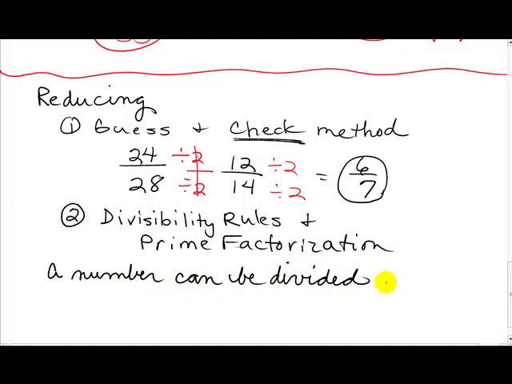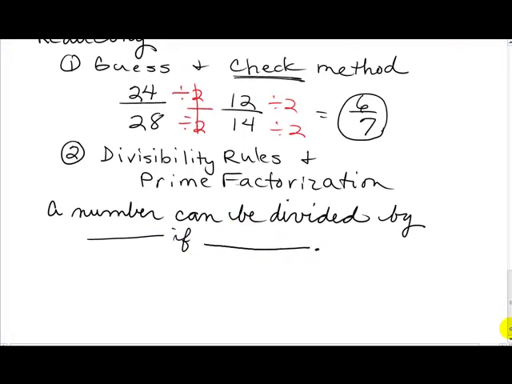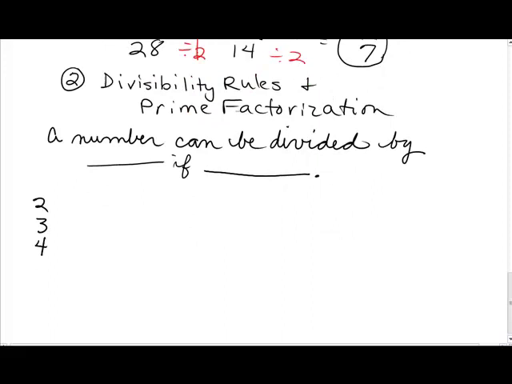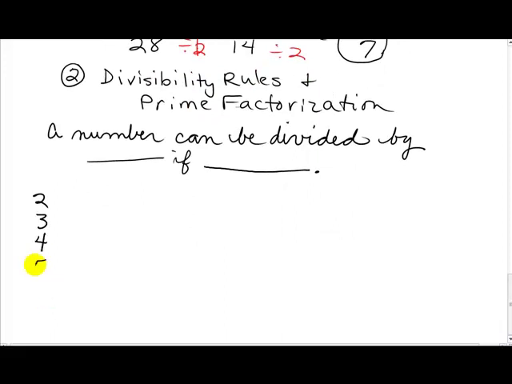A number can be divided by blank if, well, I don't want to write blank, I want to, there we go. And we're going to have a list of a few numbers here.